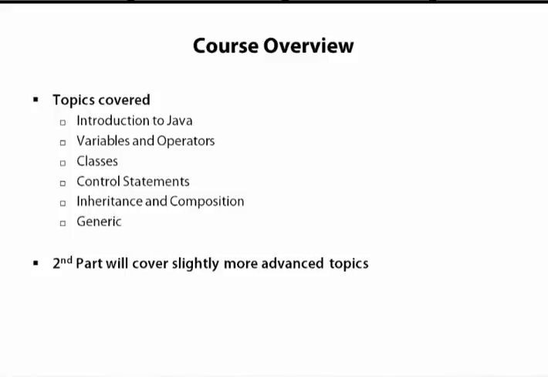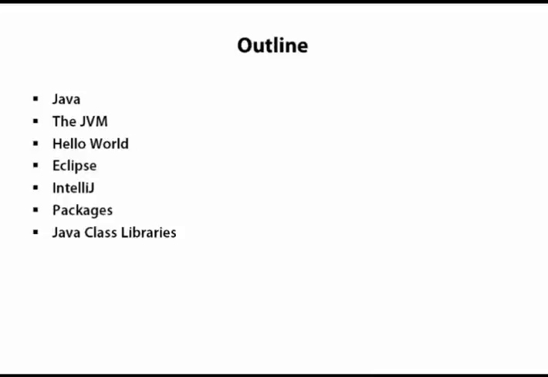Like I said, the second part of the course, the second course, will cover some more advanced topics, and we'll get into things like file I/O and threading. But here is what we are going to cover in this module. The first thing that we're going to do is talk a little bit about Java. What is Java? How does it work?